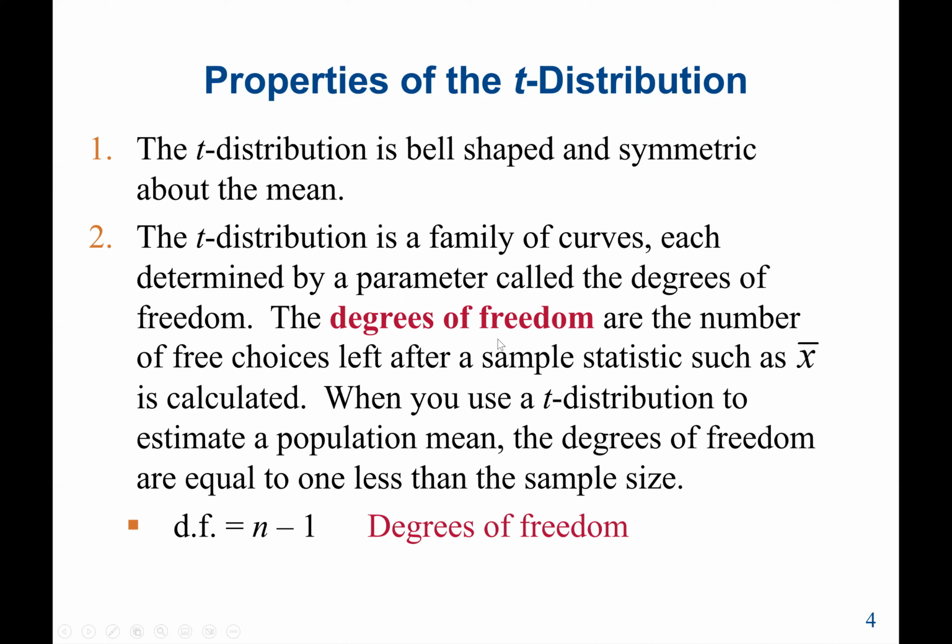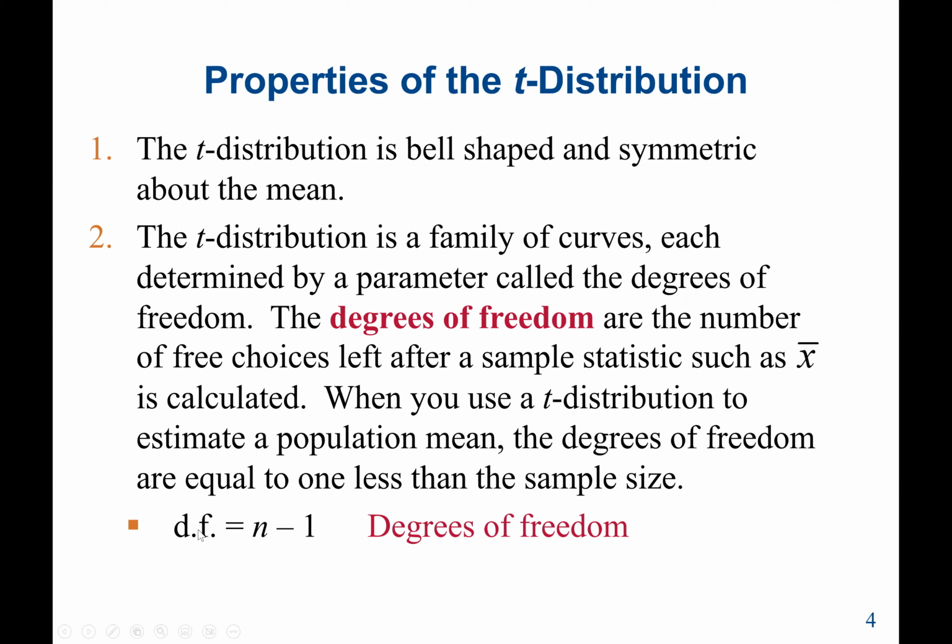The degrees of freedom are the number of free choices left after the sample statistic, such as the x bar or the sample mean, is calculated. When you use a t-distribution to estimate a population mean, the degrees of freedom are equal to 1 less than the sample size. So the degrees of freedom is equal to the sample size minus 1.